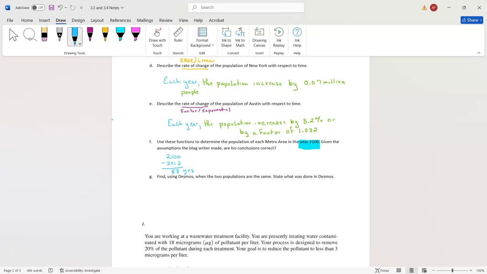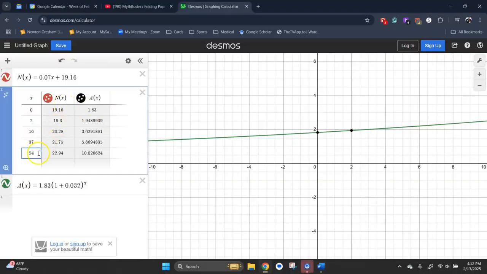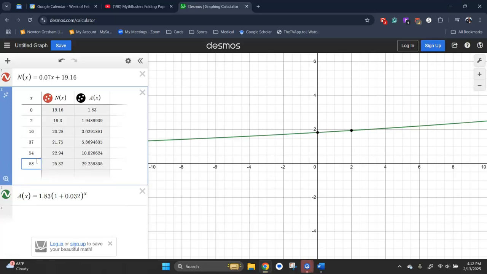And so now when we go to Desmos, we can type into our table 88, and we can see that the population actually has changed. So New York is 25 million people, but in Austin there's 29 million people.